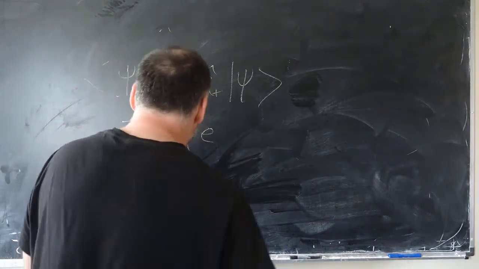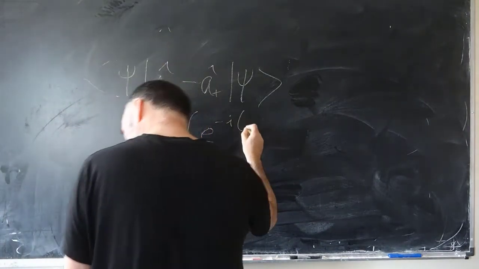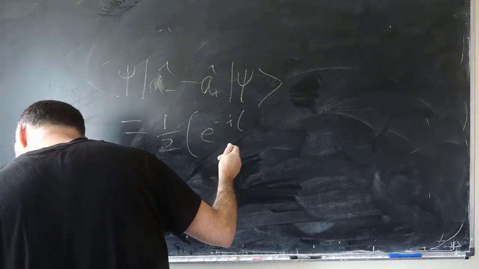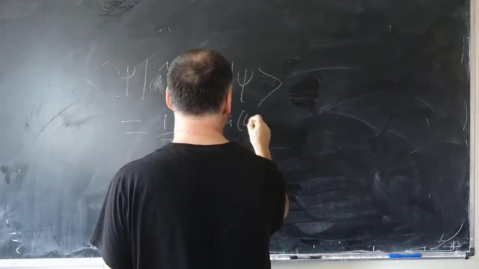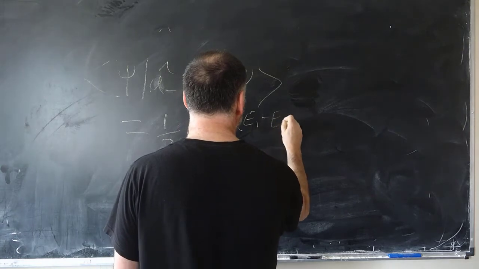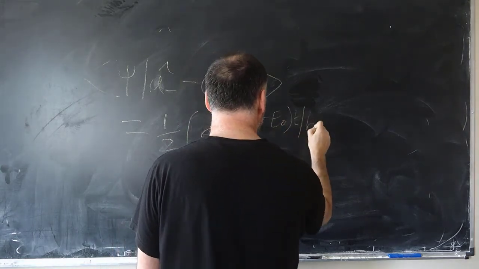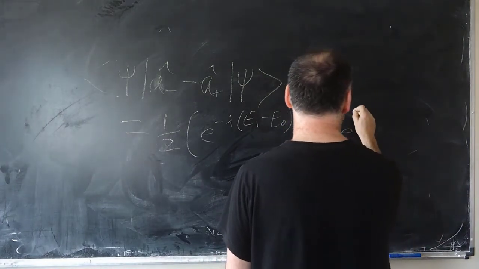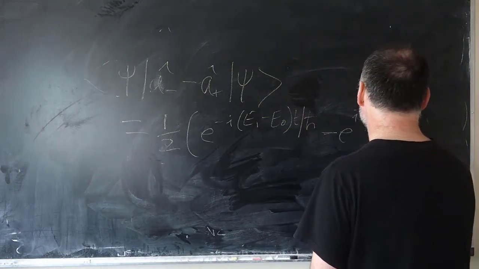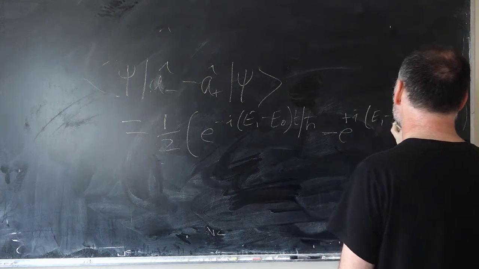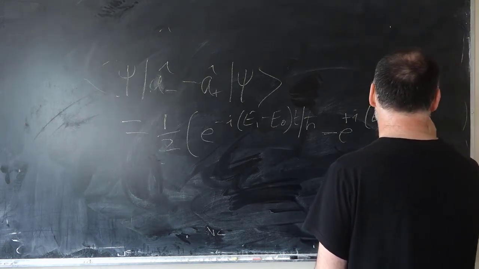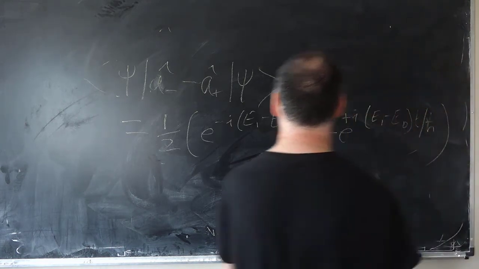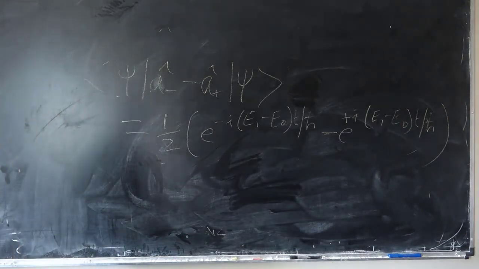And all that's left are those exponential terms, which are, let me get this the right way around, e to the i E0, and then minus i E1. I'll put a plus in there just to highlight that. That's all that's left.